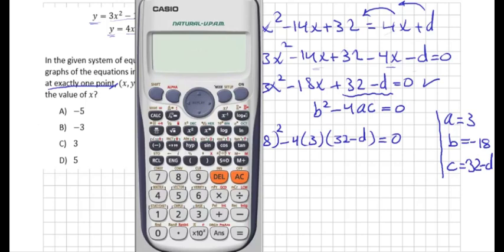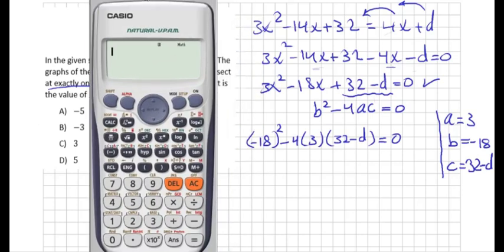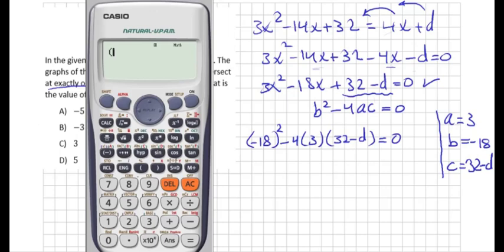So here we have negative 18 squared. We write the parentheses like this and write negative 18 all to the power of 2. And of course, we need to write the squared above all of them, not only above the 18. And then we write negative 4, open the parentheses and write 3.